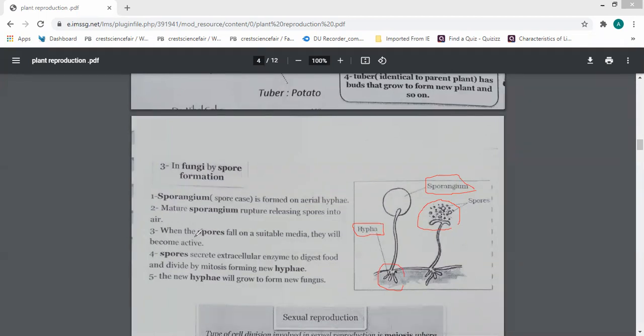When these spores fall in a suitable medium, they will become active and start to grow to form new hyphae, and this new hyphae will produce a new fungus again.